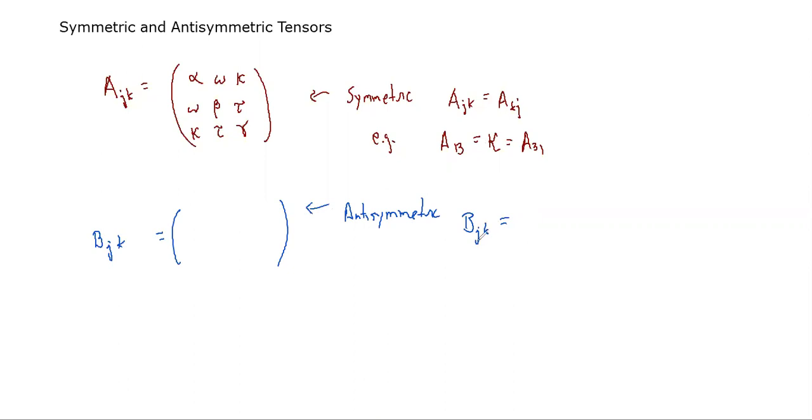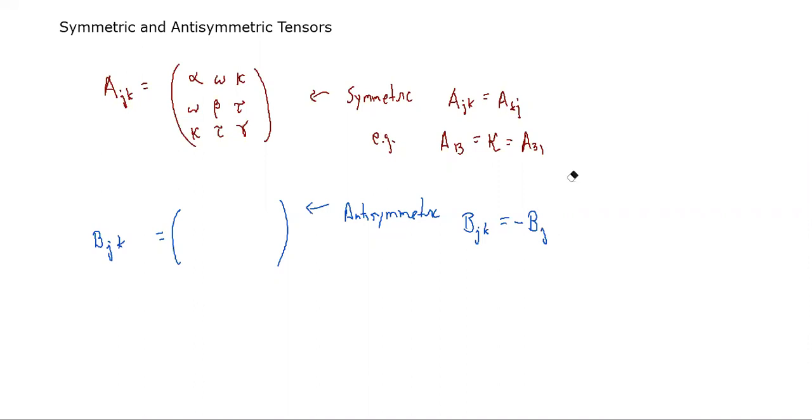What's true about BJK? It's not equal to BKJ. Yes, something more specific. Anti is the exact opposite of... BKJ. Yeah.